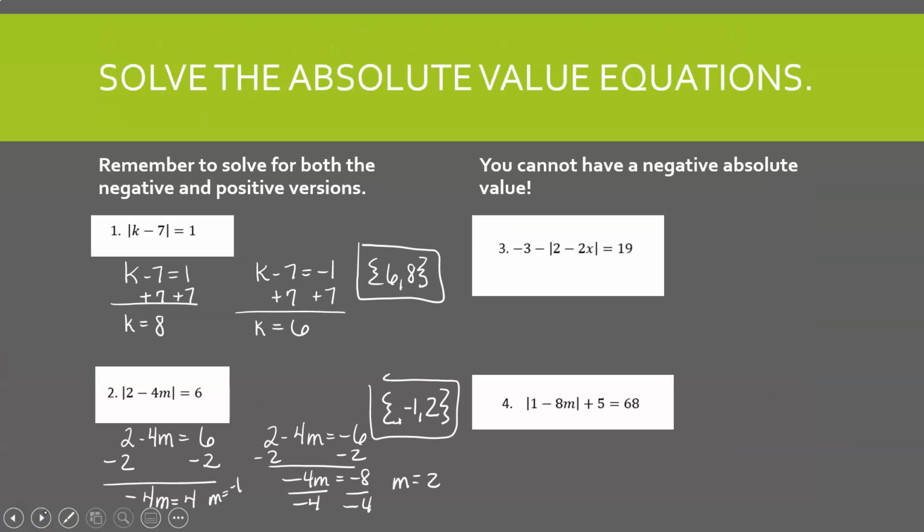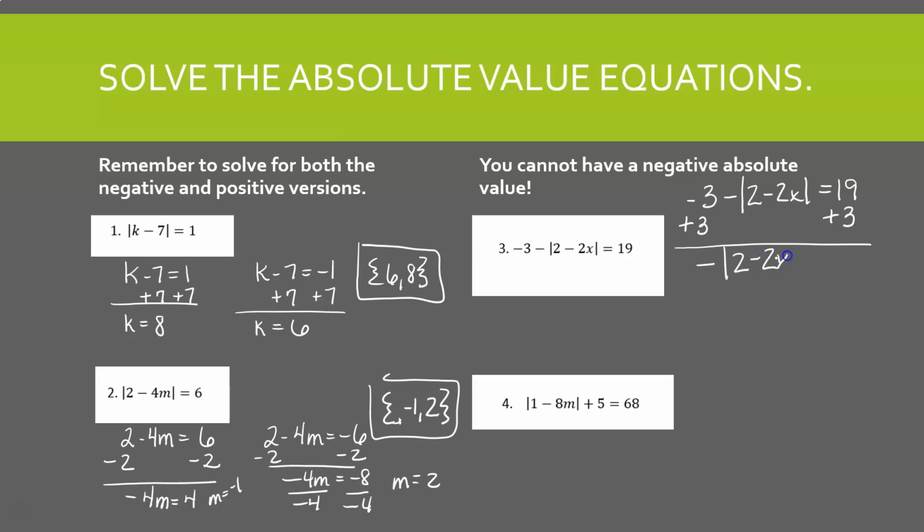Number 3. First, I have to isolate the absolute value bar. So I have negative 3 minus the absolute value of 2 minus 2x equals 19. So I'm going to add 3 first. So I have negative absolute value of 2 minus 2x equals 22.